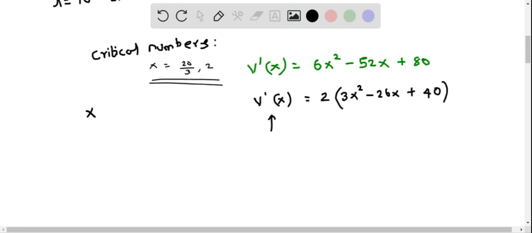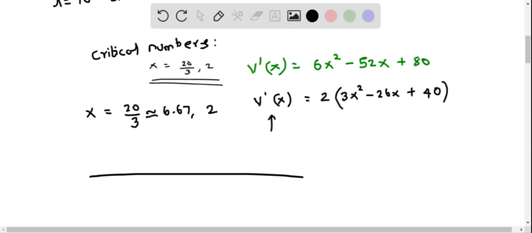So we have the critical numbers x equals 20 over 3, which I'm going to write down approximately as 6.67, and the other critical number is 2. So we will create a number line. This 2 is less than 6.67, so I put 2 over here, and then 6.67, and then this is for the v prime of x.